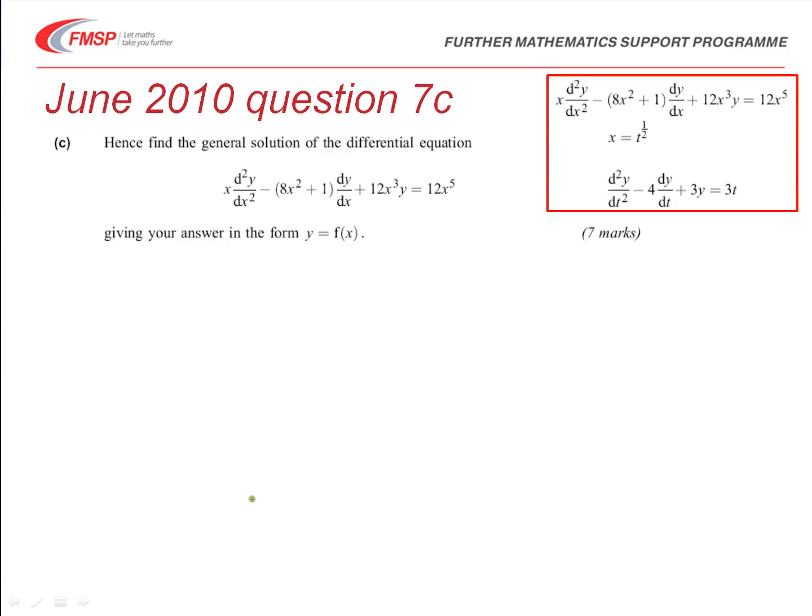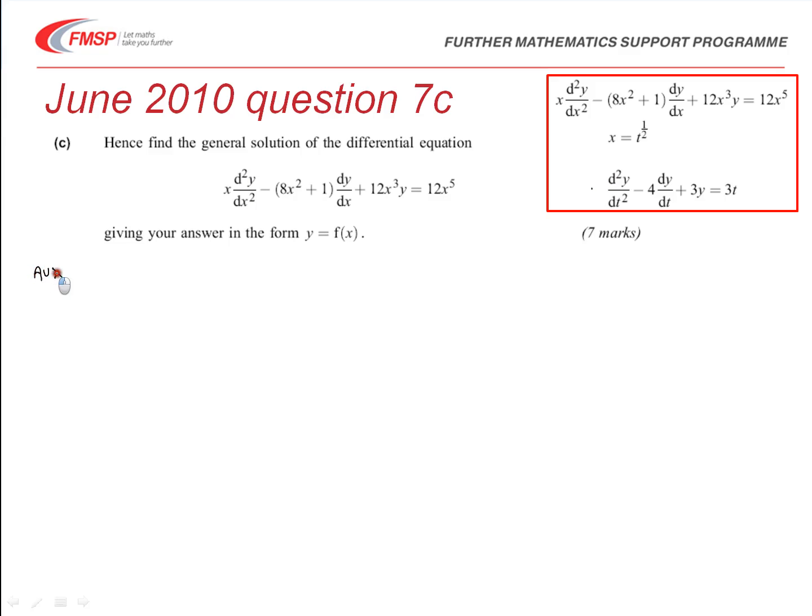And finally, on to the main part of the question. Using what we've now got, we should be able to solve this differential equation of y and x by using the y and t. So with this equation, we can write down the auxiliary equation for the y and t.